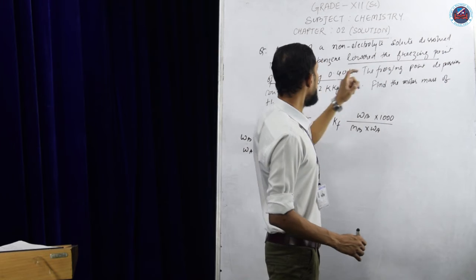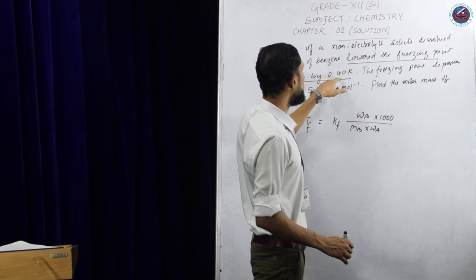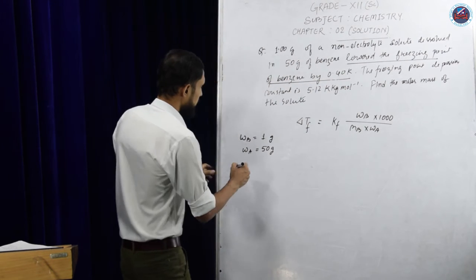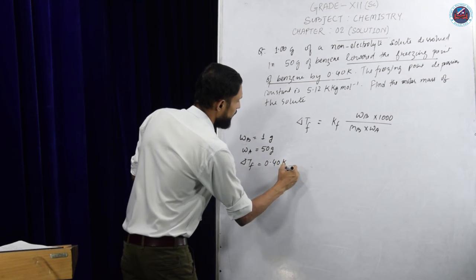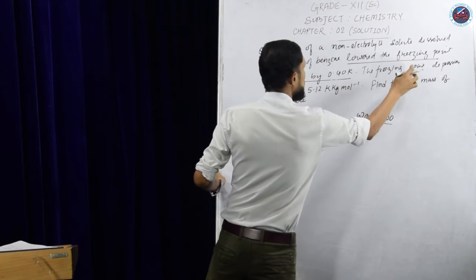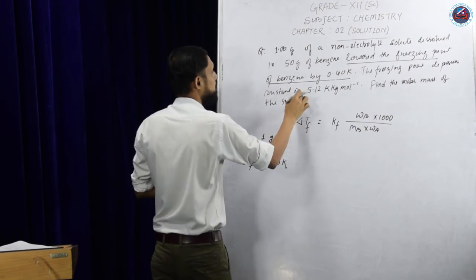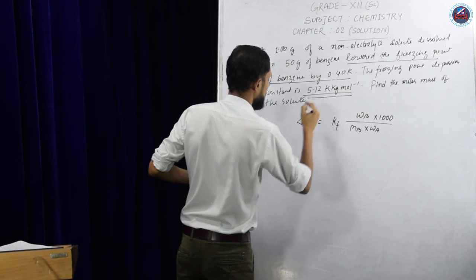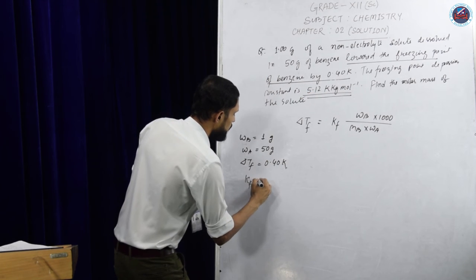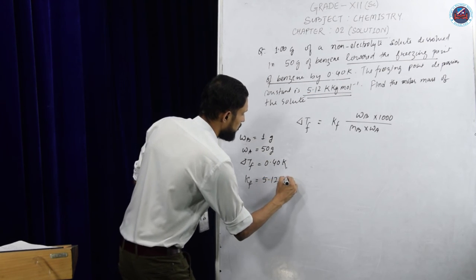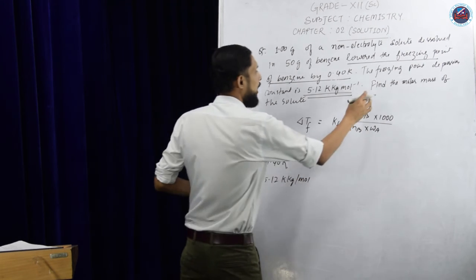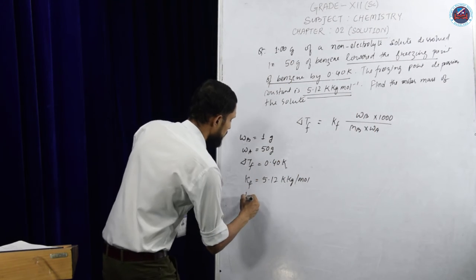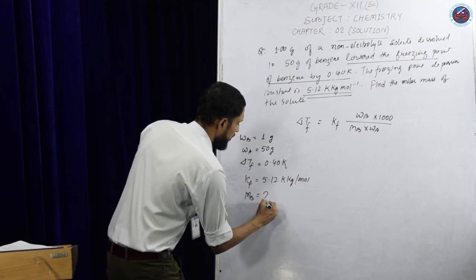Lowered the freezing point of benzene by 0.40 Kelvin, that is delta Tf equal to 0.40 Kelvin. The freezing point depression constant is 5.12, that is Kf is equal to 5.12 Kelvin Kg per mole. Find the molar mass of the solute. So Mb is equal to question mark.